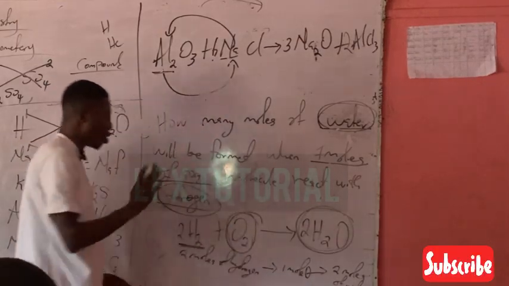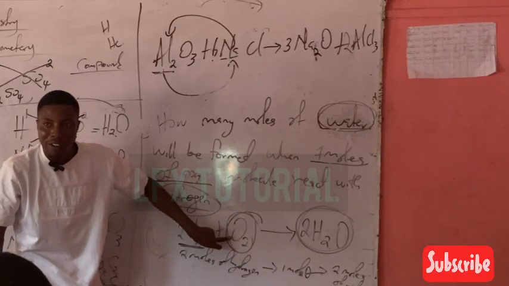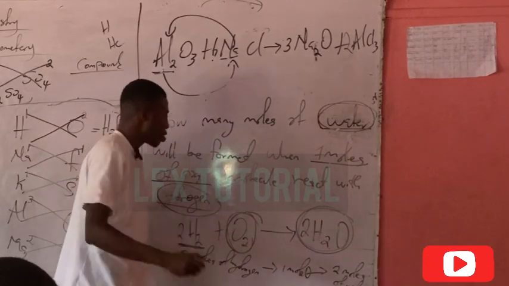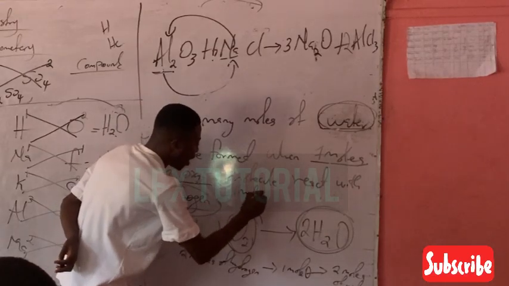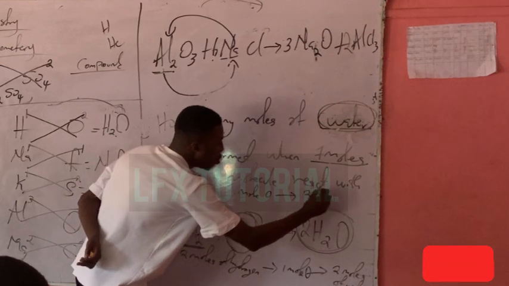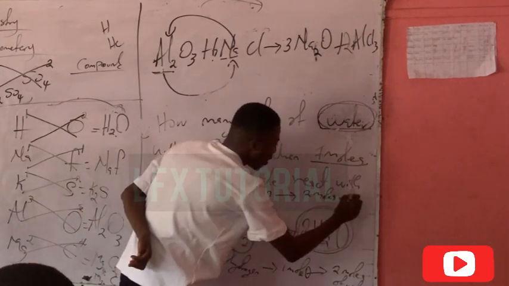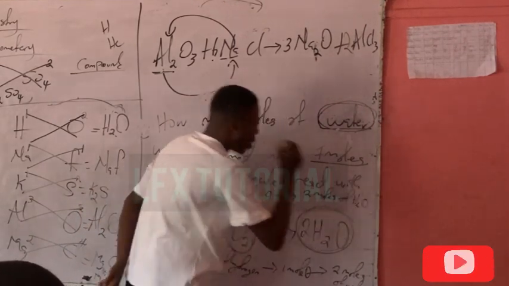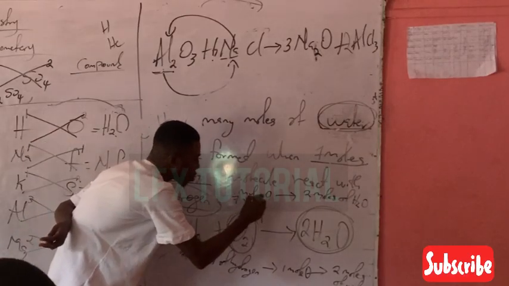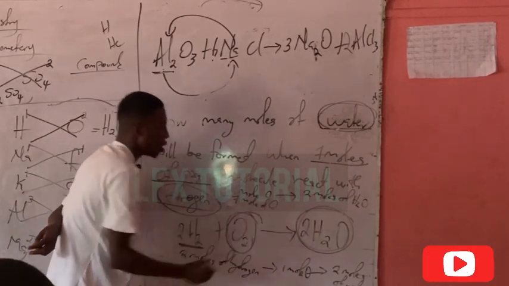How many moles of oxygen do you have here? 1. How many moles of water? 2. So 1 mole of oxygen will always give you 2 moles of water. So now, for the question, you have 7 moles of oxygen.